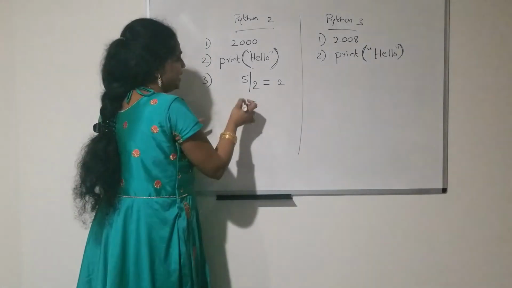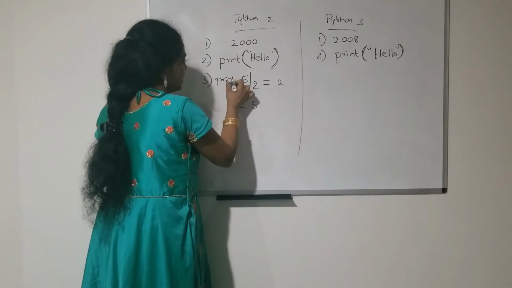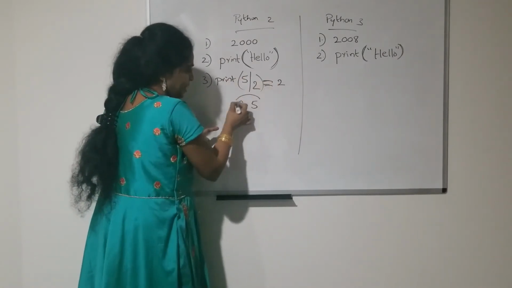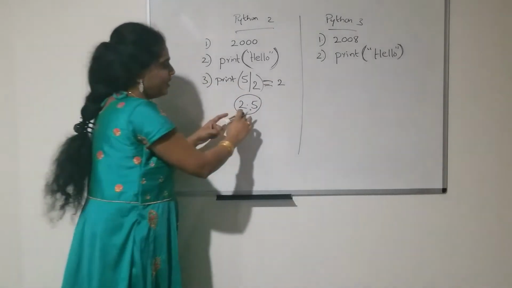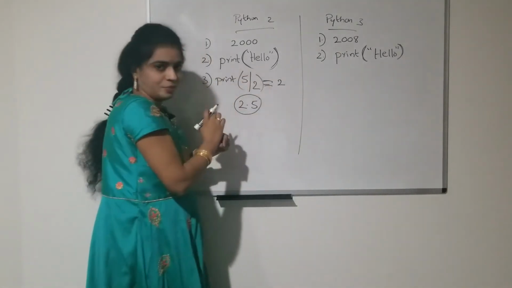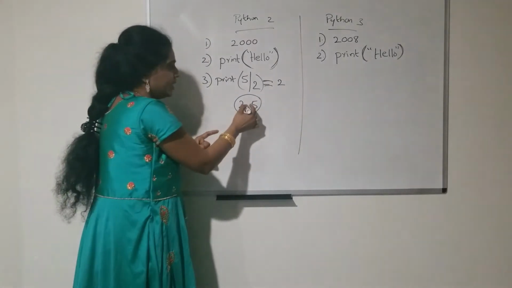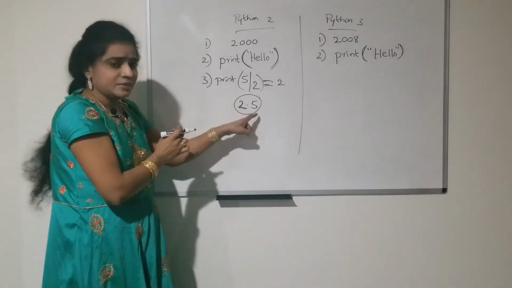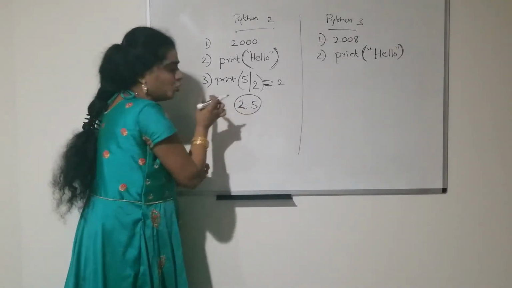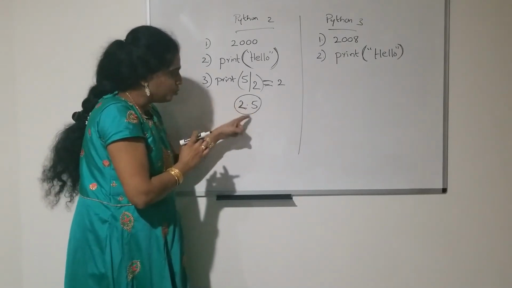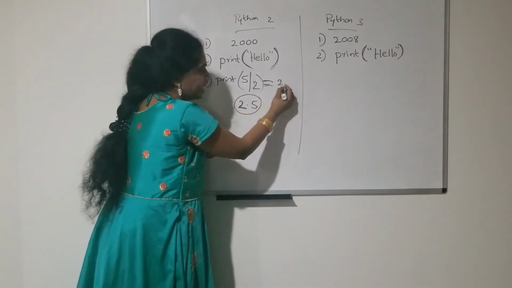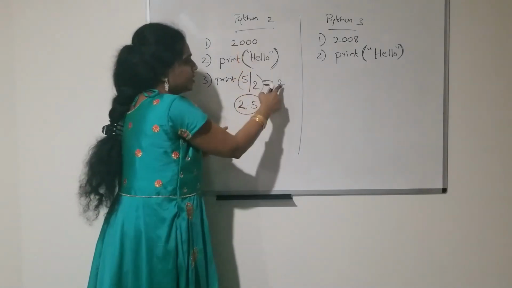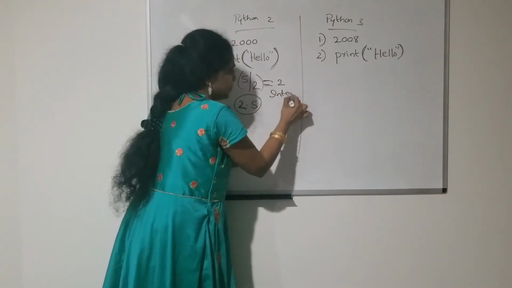But in Python 2, if you print this value, the expected output is 2.5, but you will get an integer output 2, because Python 2 will round the output to the nearest whole number. So always, if you divide two integral values in Python 2, the output will always be an integer.